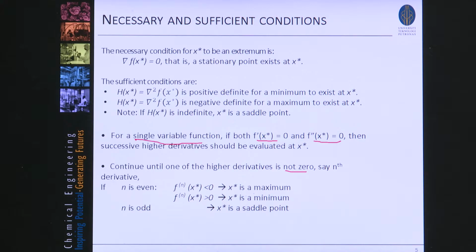Say it is the nth derivative. If n is even and the value is negative, it is a maximum. If it is positive, it is a minimum, like normal. But if n is an odd number, then x is a saddle point, so in this case we have neither a maximum nor a minimum.